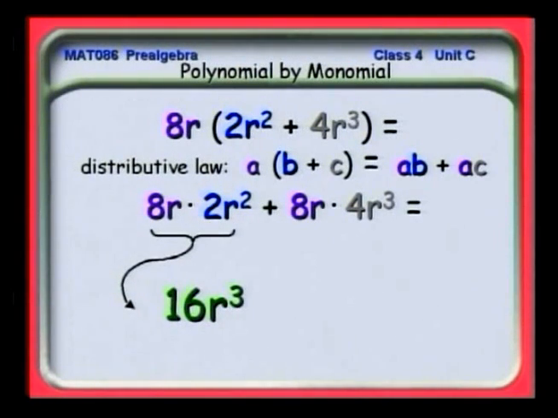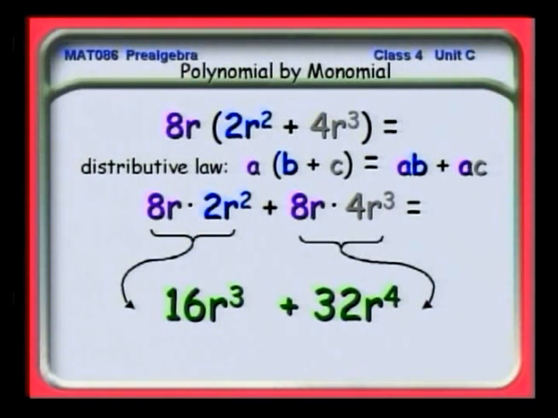Then I simplify. 8 times 2 is 16. r to the first power times r squared is r cubed. Then I use the same sign that I find between the two terms in the binomial. 8 times 4 is 32. r to the first power times r cubed is r to the fourth power.